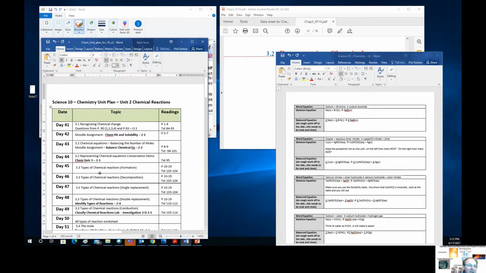There are about 4 days in here, and really the purpose is to prepare us for this lab. That's really your goal here, to get a really good handle on balancing chemical equations. There's going to be lots of practice in this, but also recognizing the different types of chemical reactions.